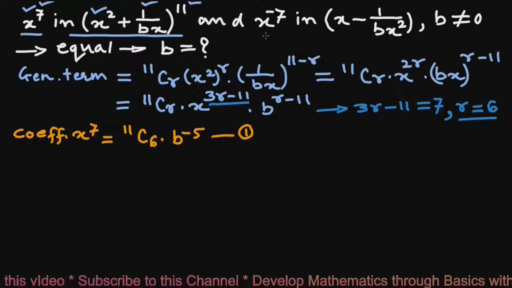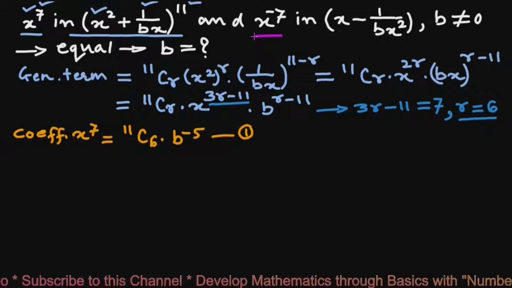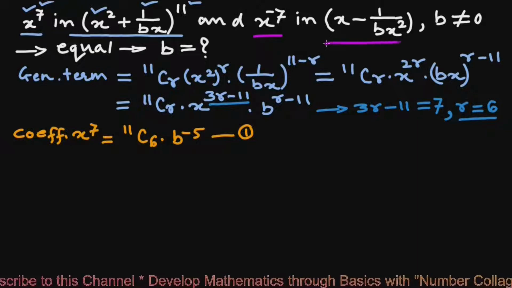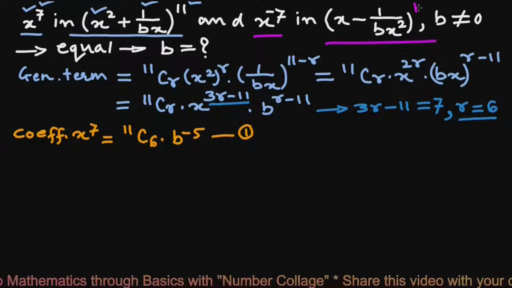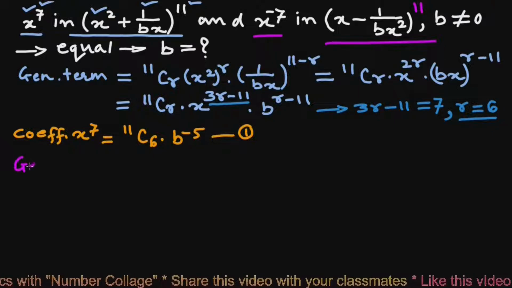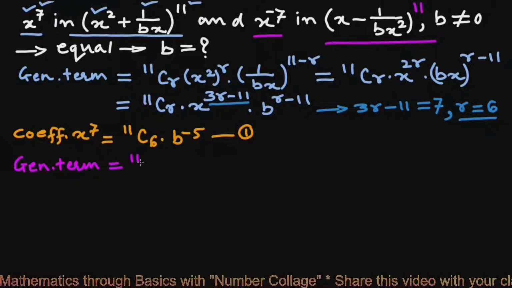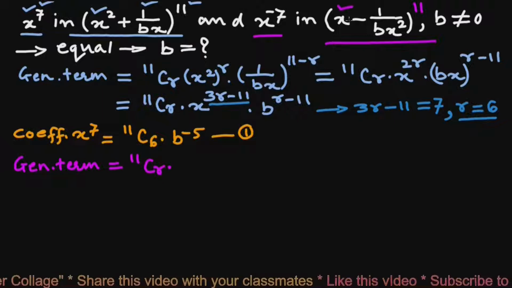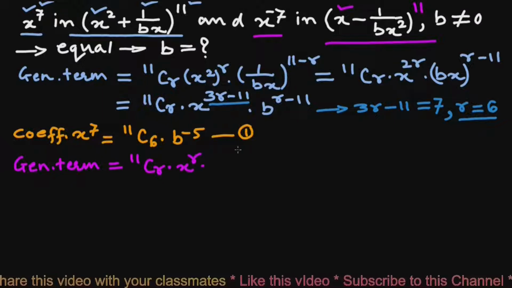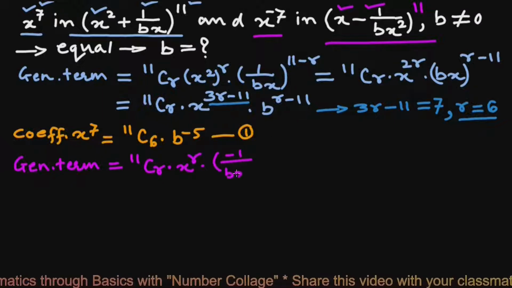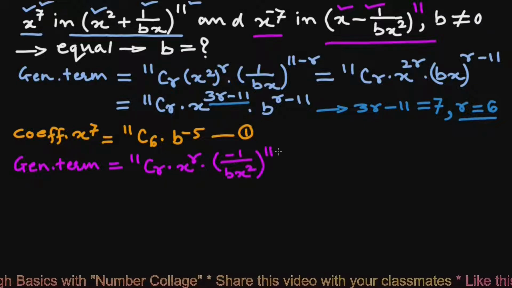Next we find the coefficient of x^-7 in the expansion of (x - 1/(bx²))^11. First we write the general term, which will be 11Cr into this x^r into (-1/(bx²))^(11-r).